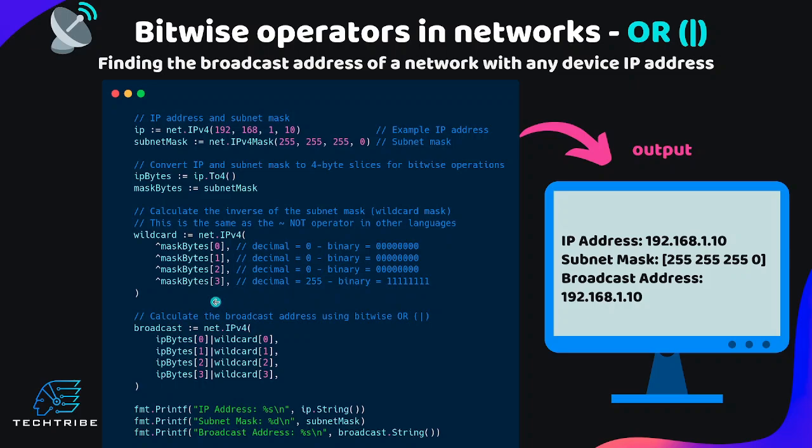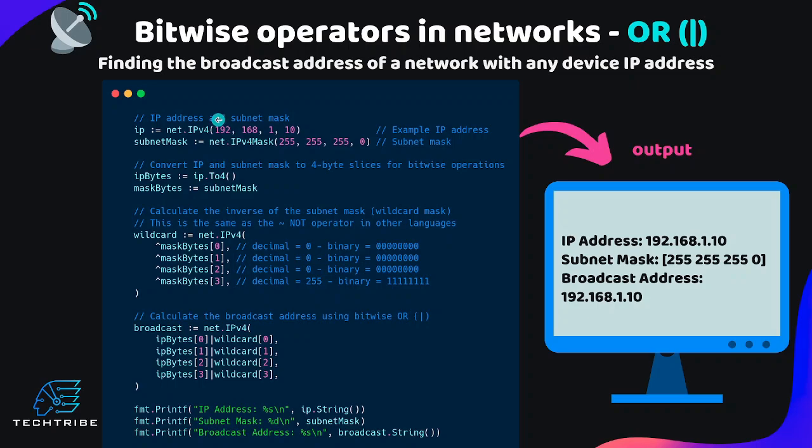We then calculate the broadcast address using the bitwise OR operator. For each of the IP bytes, which is basically just the IP converted into 4-byte slices, it's basically this value right here.